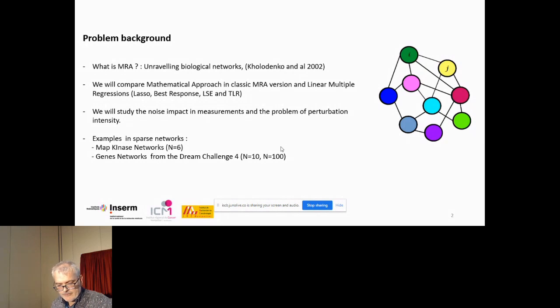The main advantage of these linear regression methods is to be well adapted to sparse networks. So we will compare the performances in terms of sensitivity and specificity with two groups of examples. The first one comes from an in silico MAP kinase network with 6 modules, which is a highly non-linear network.